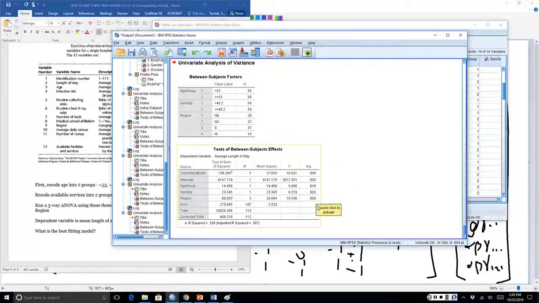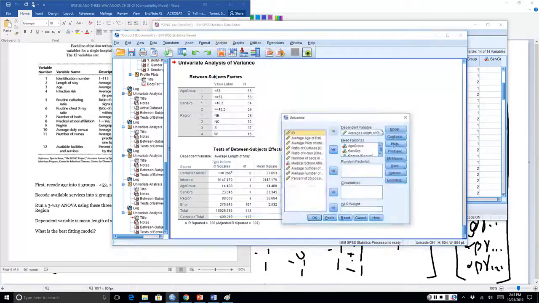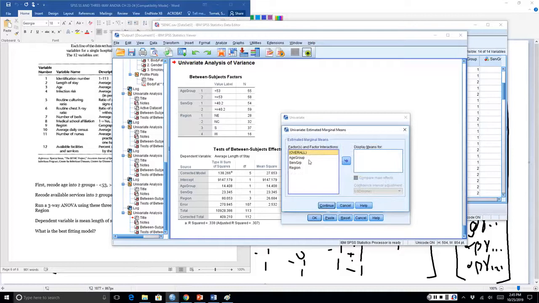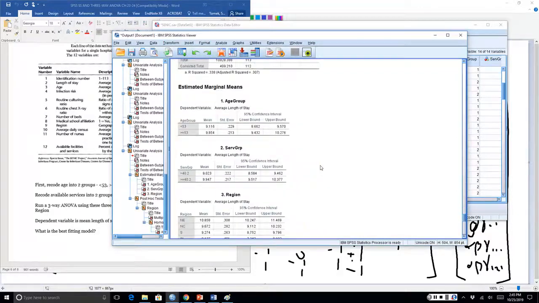There's no two-ways, so we can just see if they actually are all significant. So now we can go ahead and do our interpretation, which means that we have to get the means for all. Region is actually multiple different groups, so we can do post hoc for that. Post hoc for region. Okay, what do we get?